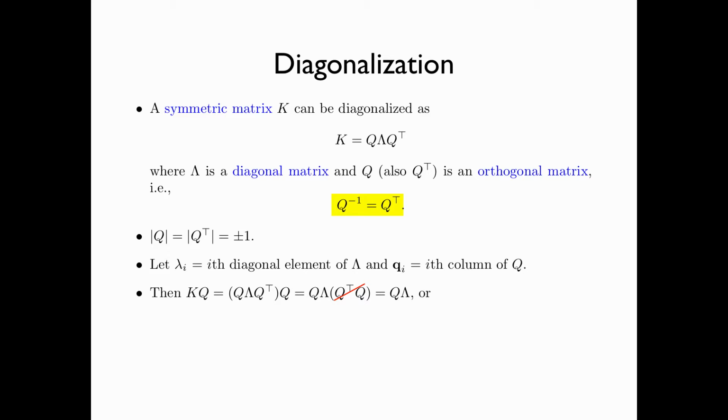And so we have shown that KQ is equal to Q lambda, or K times Qi is equal to lambda i times Qi, which we now show.